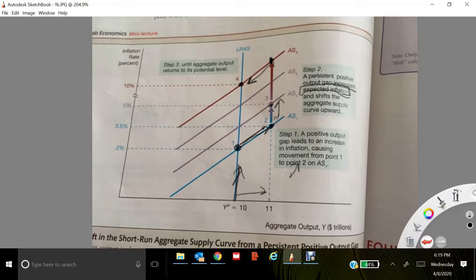As the output gap persists, expected inflation increases and increases and increases, so it would result in further shifts up until the output gap subsides, and then you'd move down your aggregate supply curve, okay? Very good. Very important to remember the effect of expected inflation.